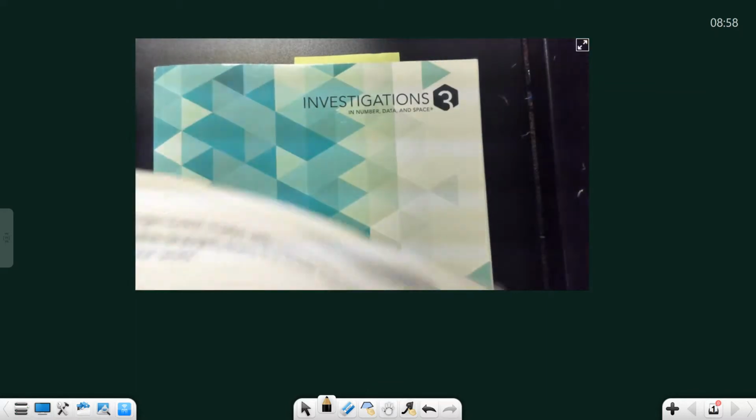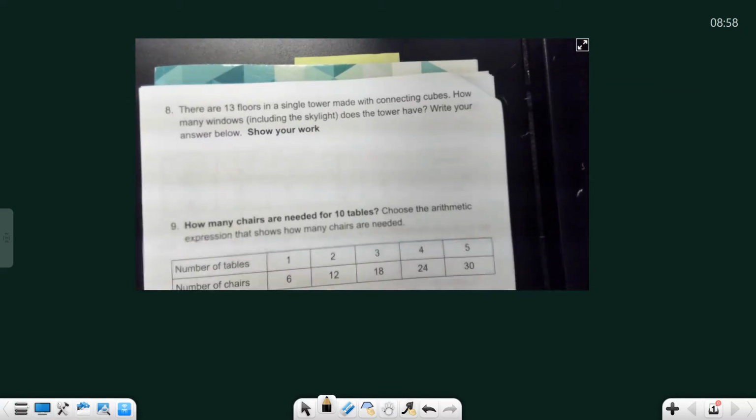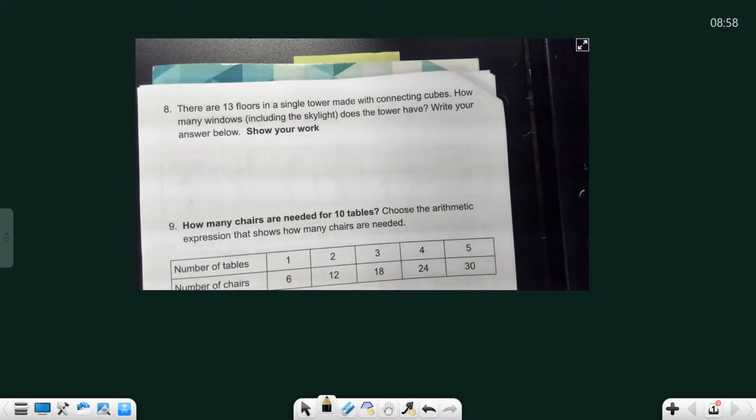Going to the next page. Now, this one tells you what kind of tower you're working with. There are 13 floors in a single tower made with connecting cubes.